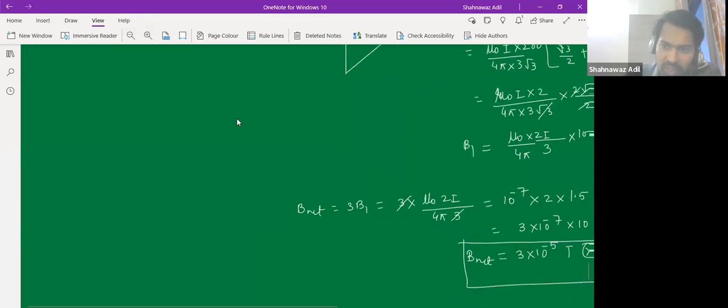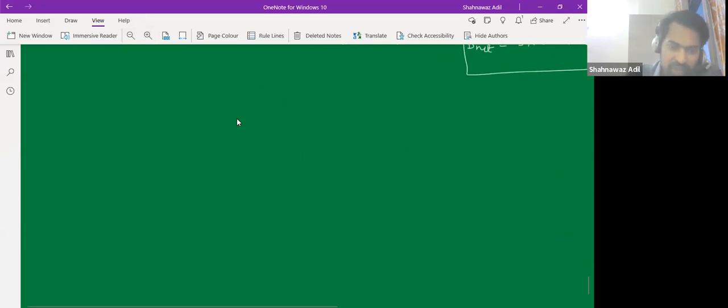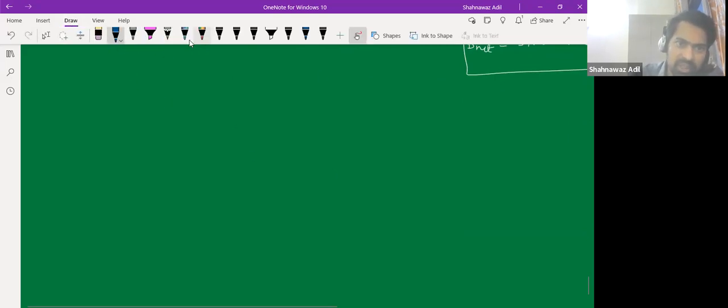Now let us understand one thing first, and then we'll do the question based on that. So the next thing is that we talked about the straight wires. The second part is circular wires, right? So using the Biot-Savart's law, we can also calculate the magnetic field of a circular wire.